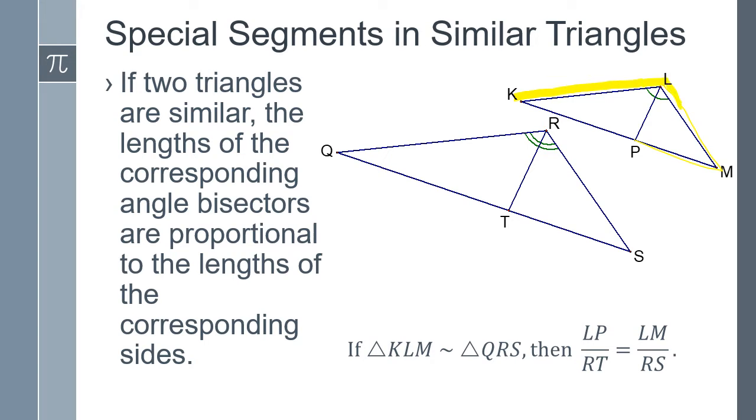So these two triangles are similar. And what they're saying is that the proportions of KLM to QRS, the scale factor, is the same when we have bisected these two angles.